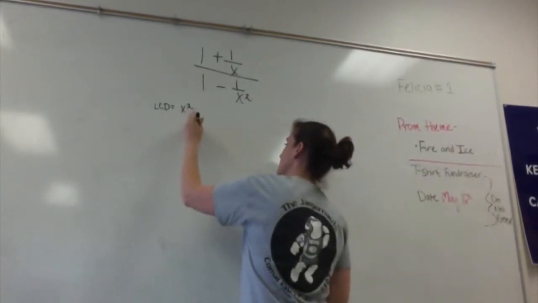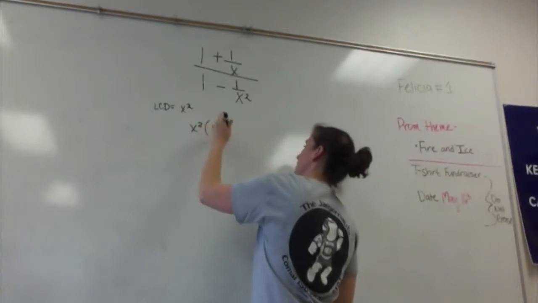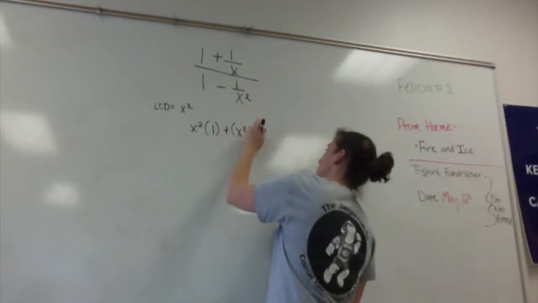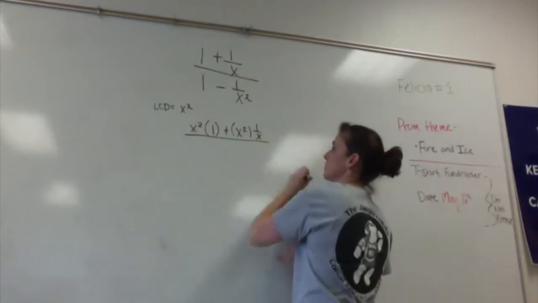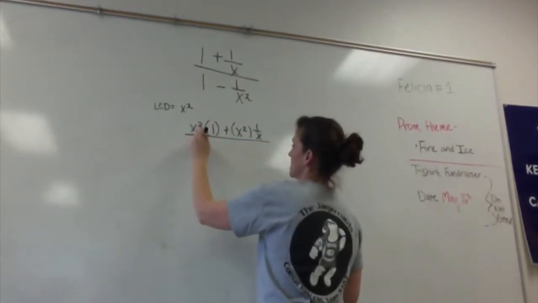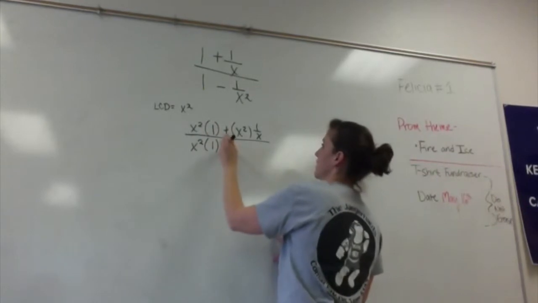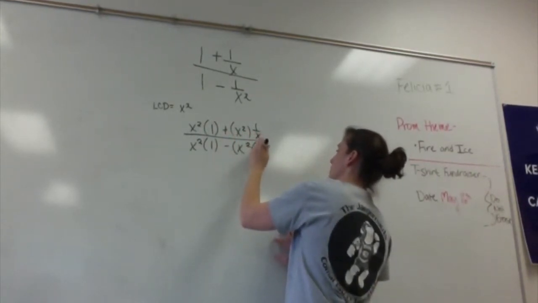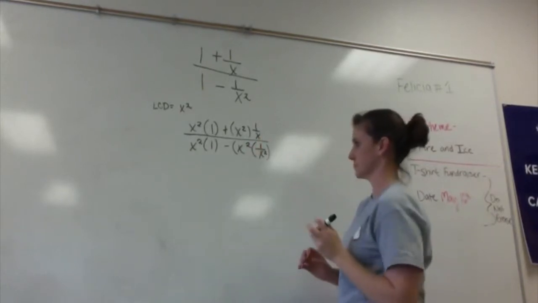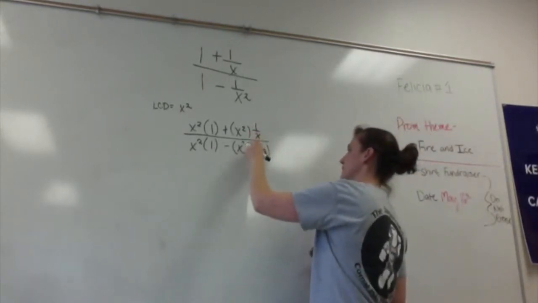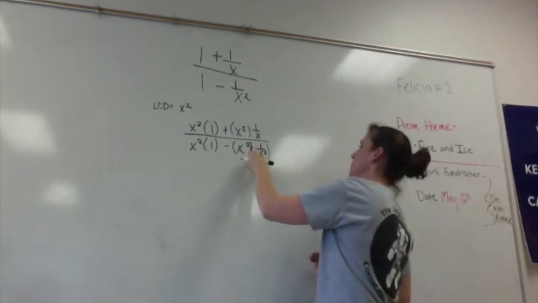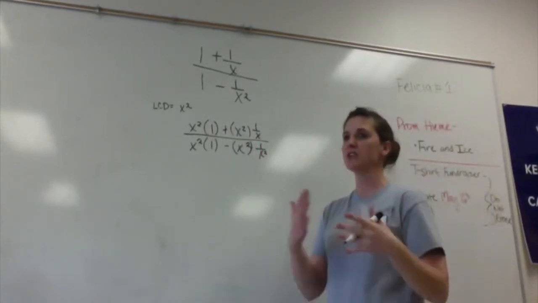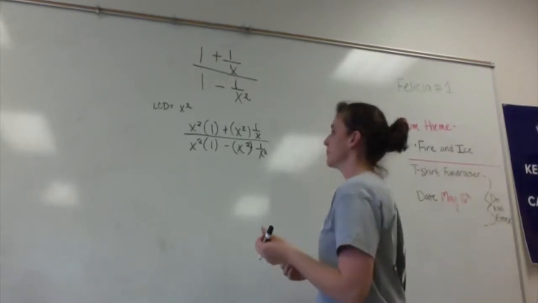So it's going to be x squared times 1 plus x squared times 1 over x, all over, on the bottom, same thing, x squared times 1 minus x squared times 1 over x squared. And again, that's perfectly legal. I can do that because I'm multiplying every part of the fraction by the same number. So it's not changing the value of my fraction at all.